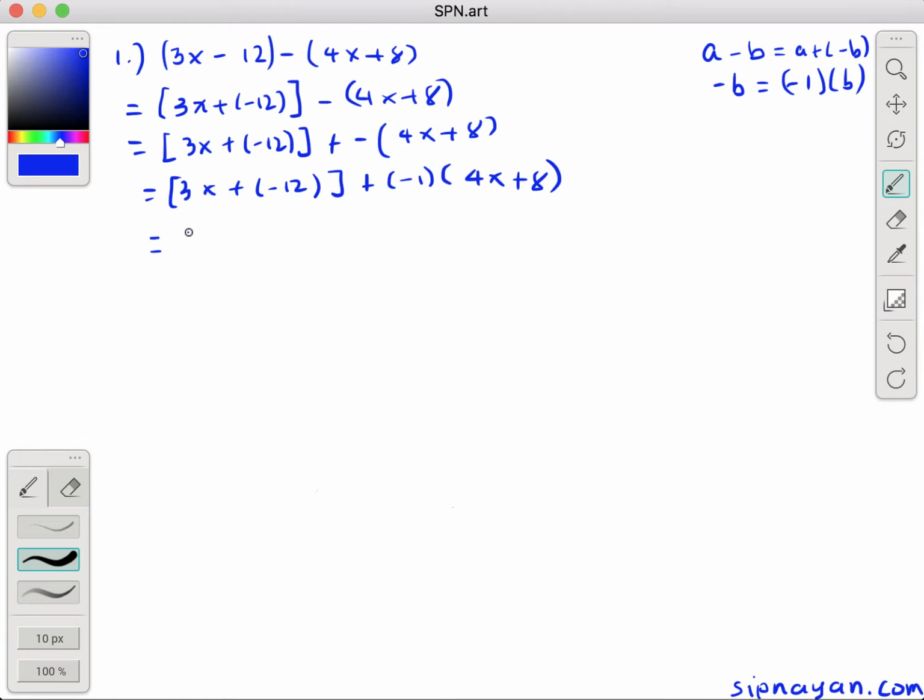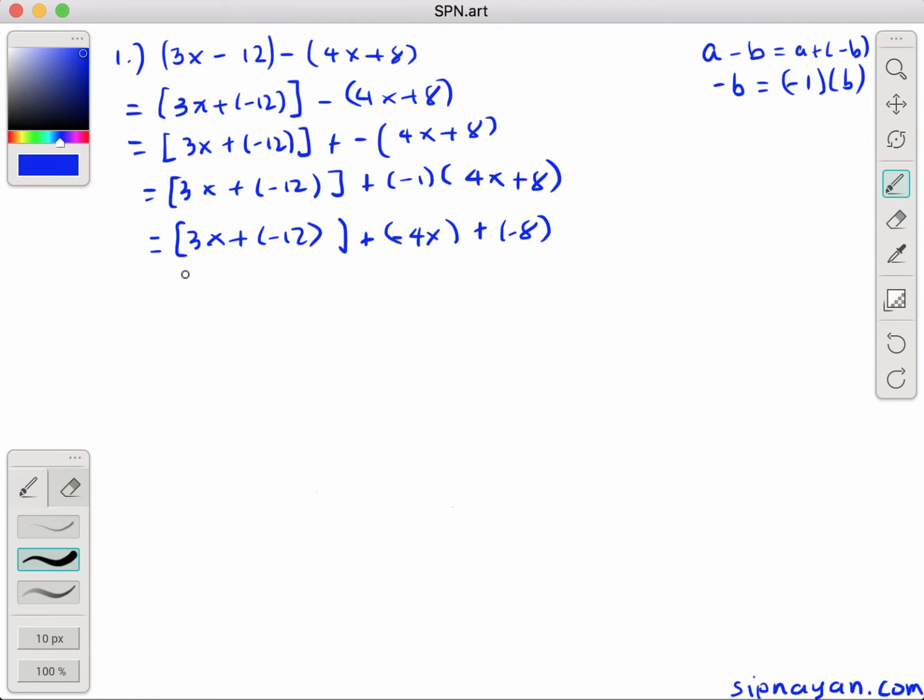Which is equal to 3x plus negative 12 plus, so negative 1 times 4x is negative 4x. And then this is our plus, negative 1 times 8 is negative 8. So kung mapapansin nyo, addition na lahat yan.